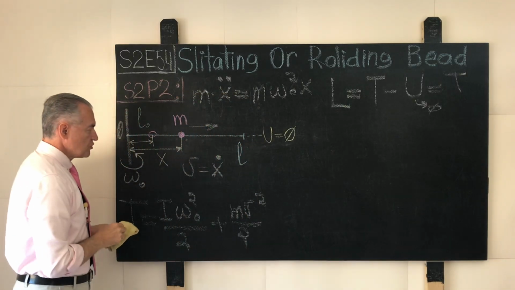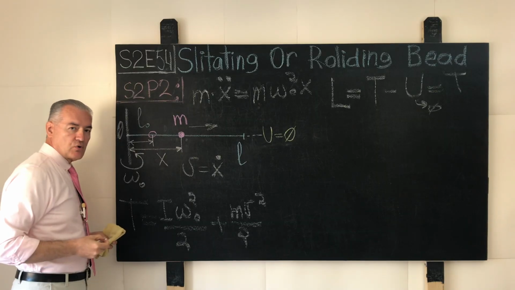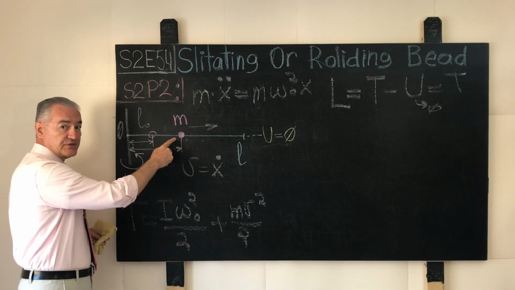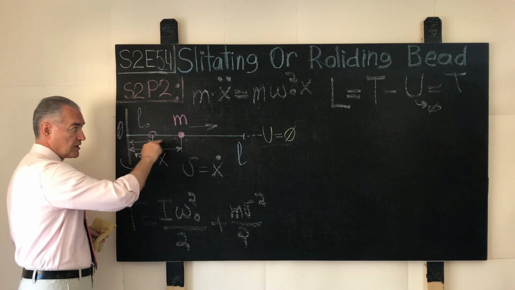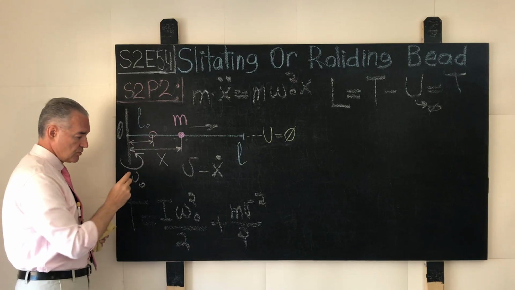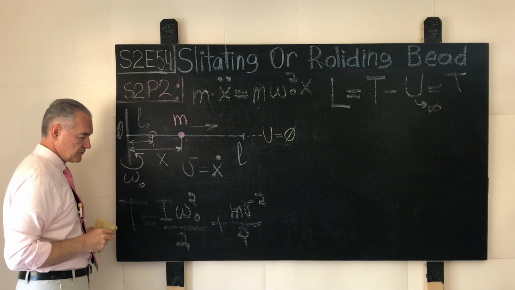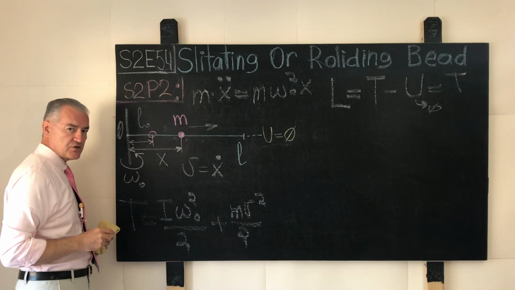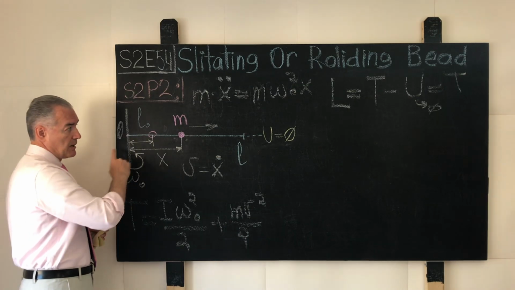Now, there is one wrinkle in the system. Remember, there is no friction in our system. No work is being done to overcome the force of friction. So the laws of conservation of mechanical energy and angular momentum must apply.